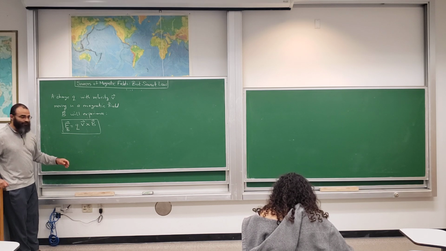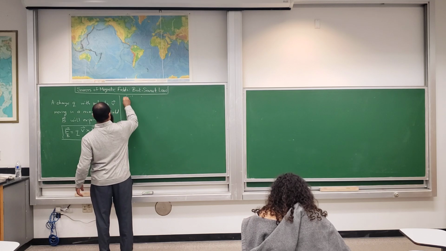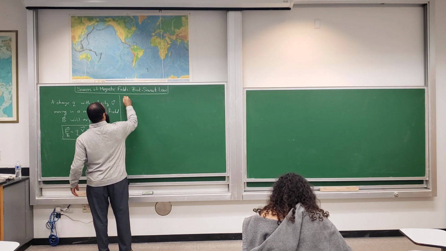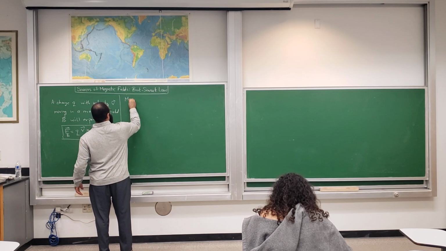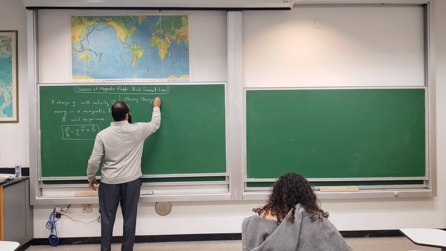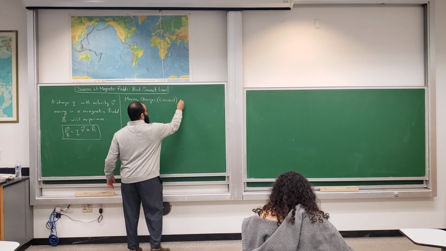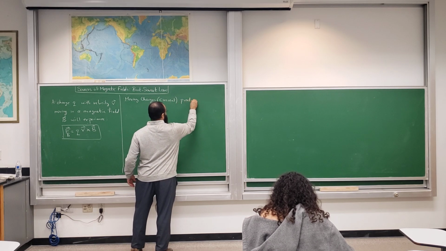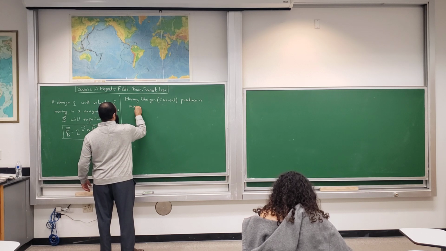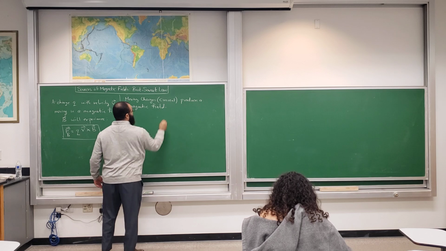So that's the next. So let me write it here. So moving charges, I said magnetic charges, I meant moving charges, which means, another way to say it, current produces a magnetic field.